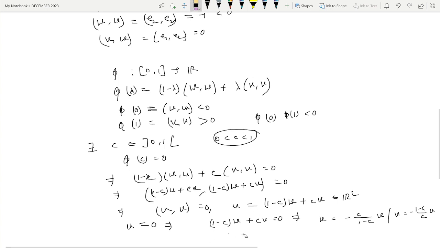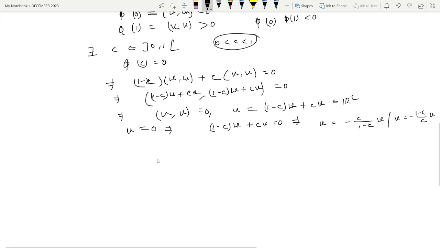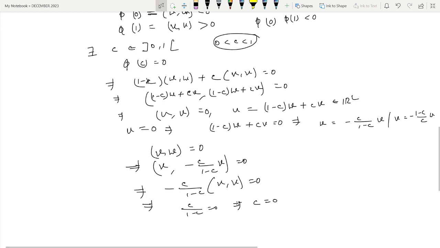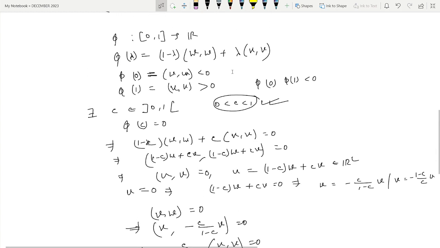We will just use B(v,w) equal to 0. So put here w, that is B(v, minus c over (1 minus c) v) equal to 0, and since it is linear in both coordinates, it will be minus c over (1 minus c) B(v,v) equal to 0, and since B(v,v) greater than 0, we must have c over (1 minus c) equal to 0, that is c equal to 0, which is a contradiction because we have this c in the open interval 0 1, that means 0 less than c less than 1. So it is a contradiction.